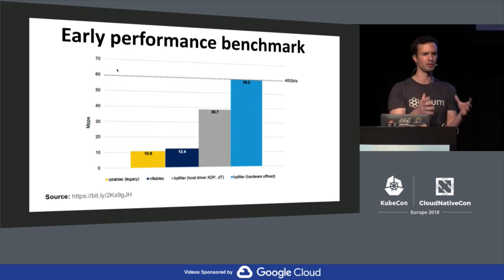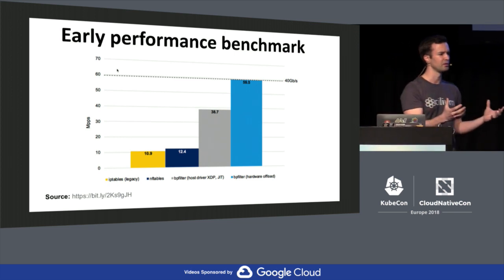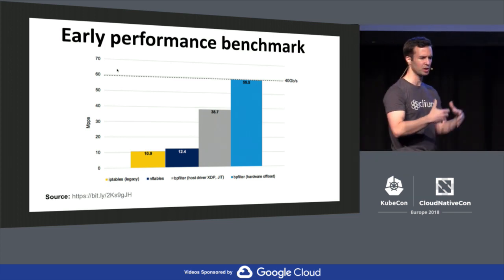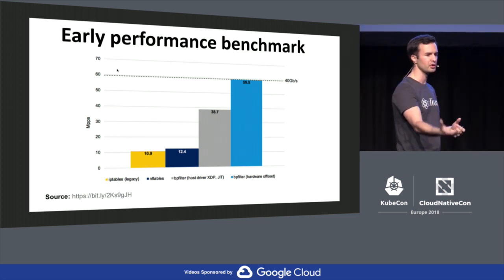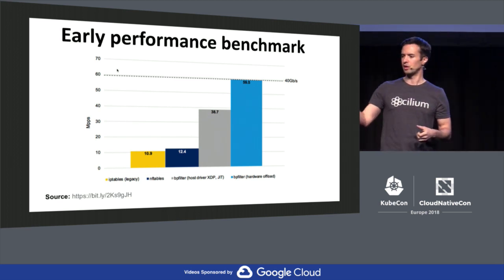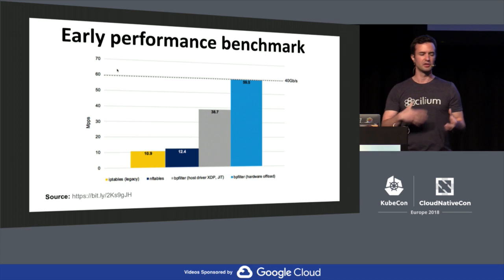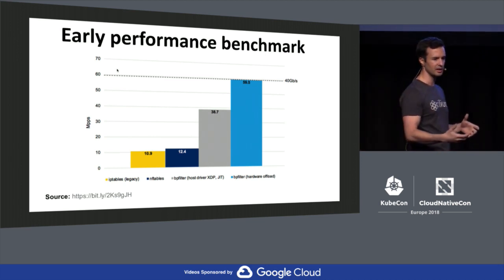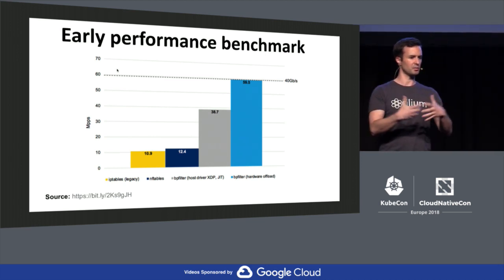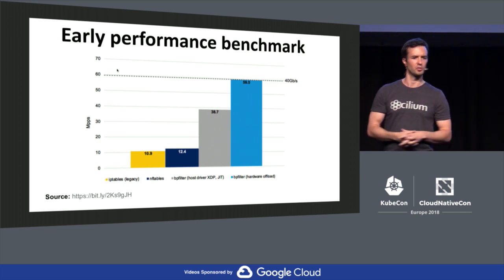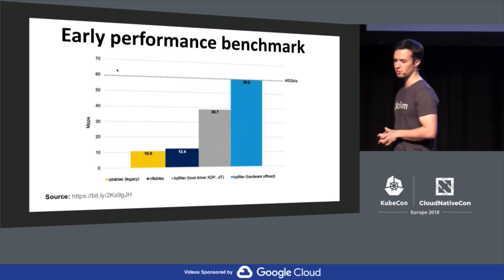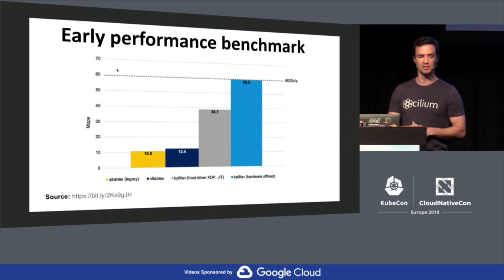So the gray is the software version of BPF, and because BPF is a generic bytecode language like Java, it can actually be offloaded onto SmartNICs. So the blue one is BPF, but offloaded to SmartNICs. So this next generation of Linux networking is so generic and programmable that it can be offloaded onto SmartNICs for the next wave of performance needs.